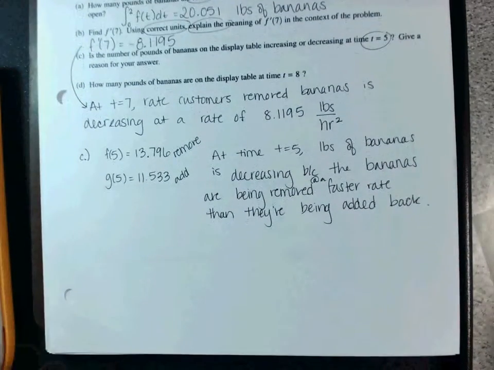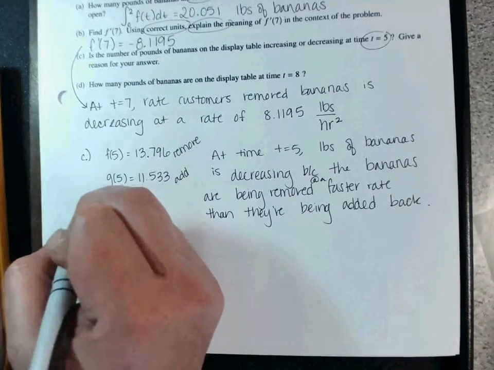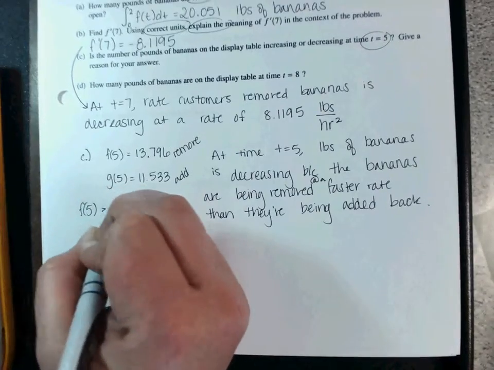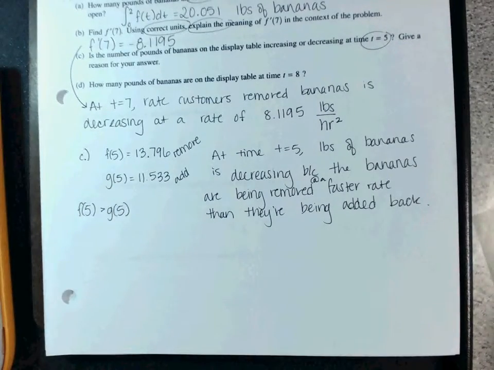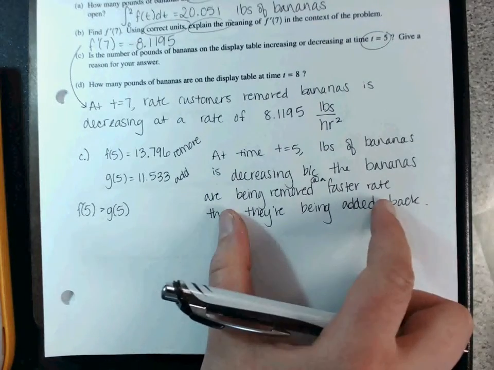At time 5, the pounds of bananas is decreasing because the bananas are being removed at a faster rate than they're being added back. Now, I also would put this f of 5 greater than g of 5. Just in case that's where your point comes from, I'd do it in words, I'd do it in math.